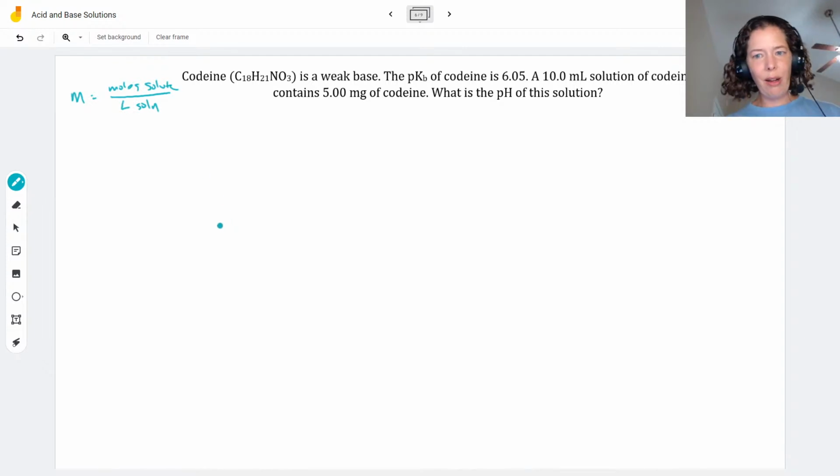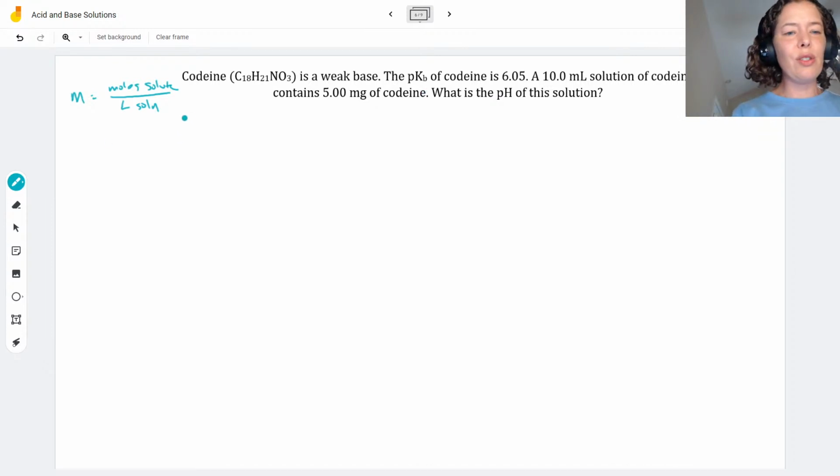That's a little bit messy. Hopefully you can read that. I need to take this milligrams to moles first. And of course, converting 10 milliliters to liters is not a problem at all. So let's first take my milligrams of codeine and convert this into moles. I'm just going to do some conversions here. Again, as always, make sure that you are writing down your units so that you don't accidentally flip-flop something.